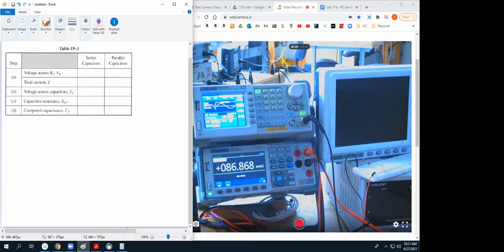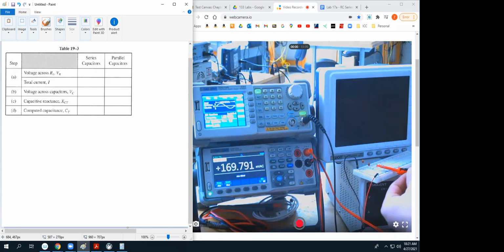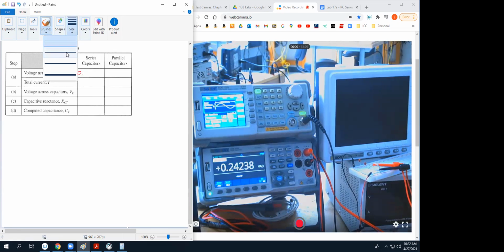Okay, do that. Voltage across the resistor.